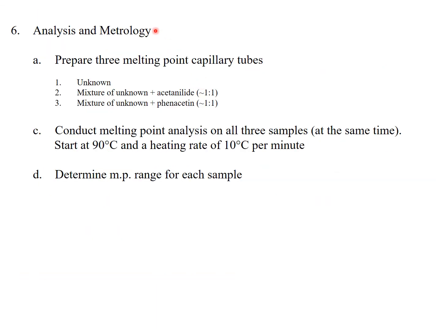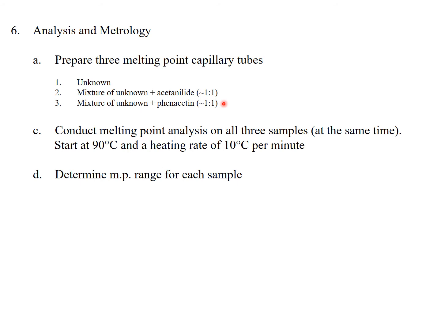We're going to determine which of the 2 analgesics we have recrystallized. We're going to prepare 3 melting point capillary tubes, one with just our recrystallized unknown, one with recrystallized unknown plus some commercial acetanilide, and then a third one with our recrystallized unknown and some phenacetin.